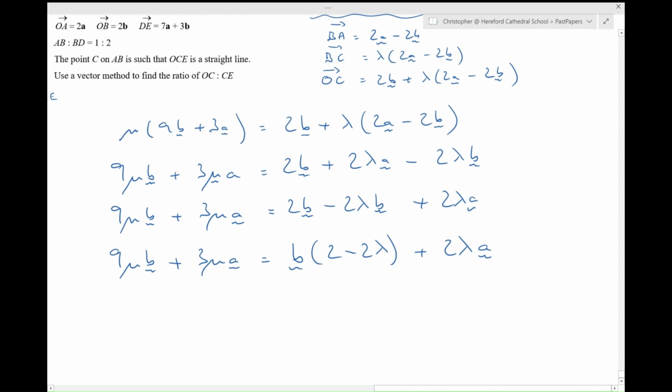So that means that 3 mu must equal 2 lambda. And it also means that 9 mu must equal 2 minus 2 lambda.